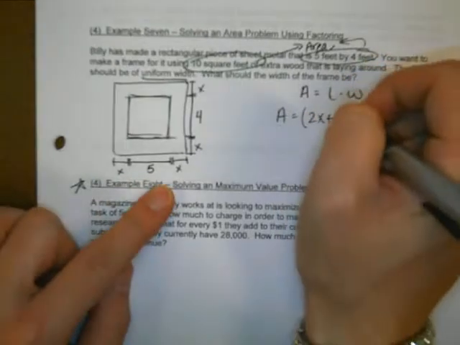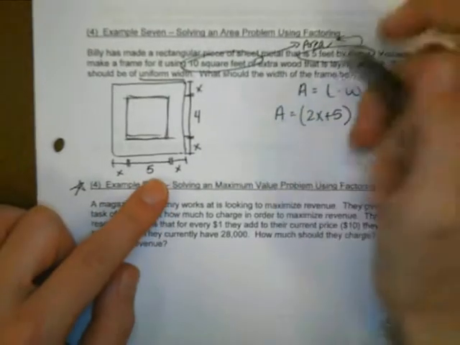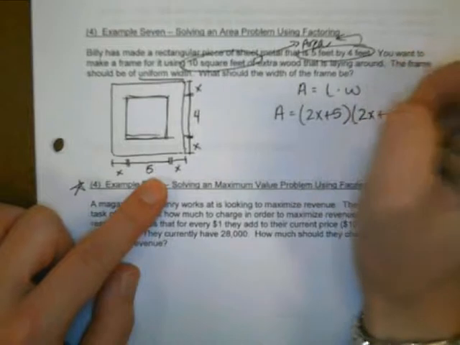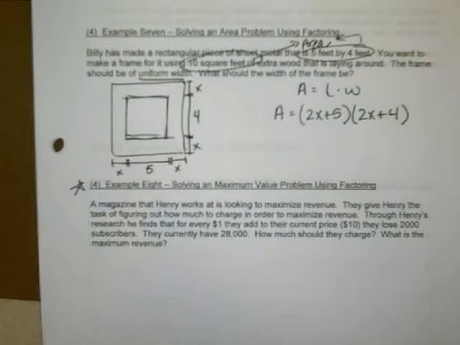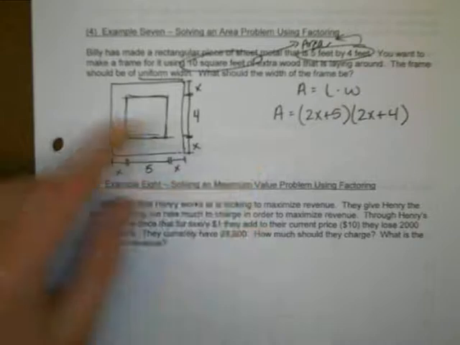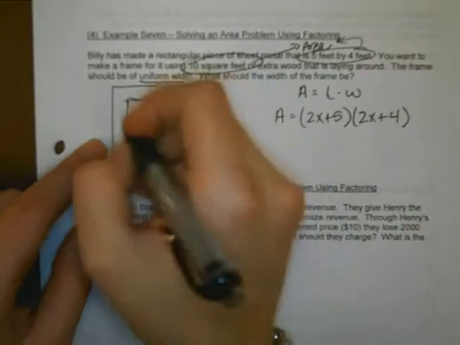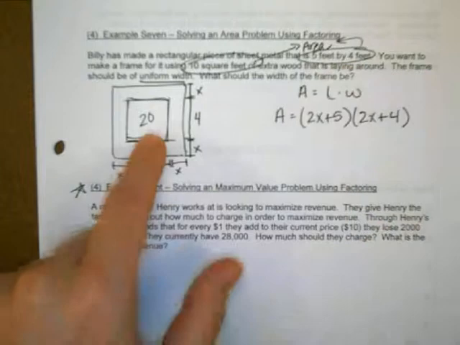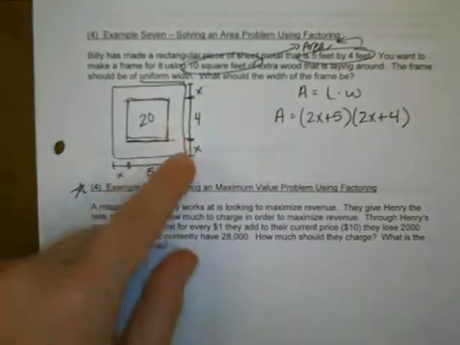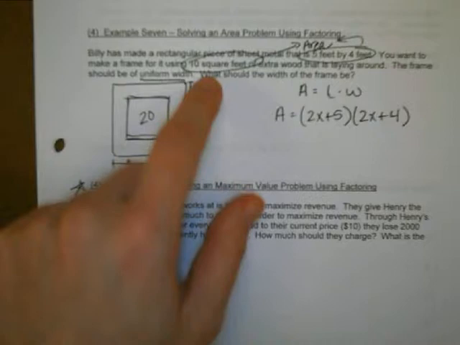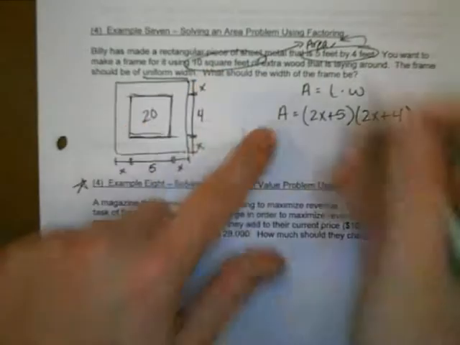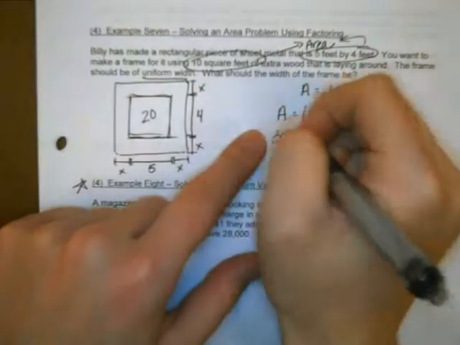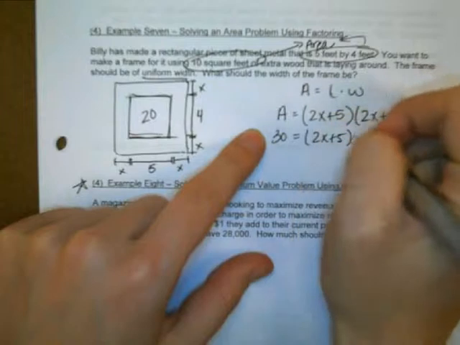The width I can write as 2x plus 4. And then I need the area of the whole thing. The area of the whole thing is this piece, which is 20, because 5 times 4 gives me 20, and then the border, which it told me has 10 square feet. So the total area of the whole figure is going to be 30. Okay, so here's my setup.